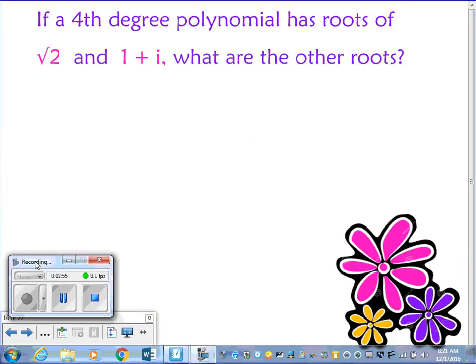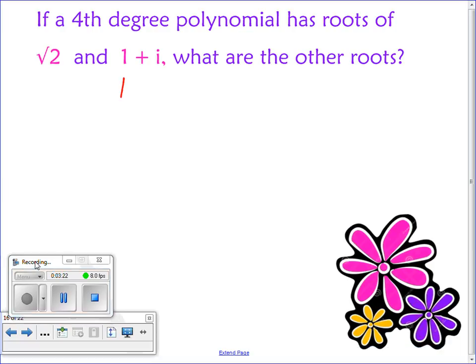So if a 4th degree polynomial, 4th degree means how many answers does it have? It has 4. If it has roots, what's roots mean? Zeros, answers, right? They all mean the same thing. If it has roots of radical 2 and 1 plus i, what are the other roots? Yeah, very good, guys.